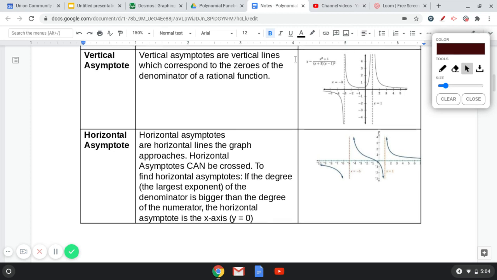So vertical asymptotes deal with the zeros of the denominator. Horizontal asymptotes deal with the degrees of the numerator and the denominator. And vertical asymptotes will never be crossed. Horizontal asymptotes can be crossed because all we're really looking for is a value that the function approaches as x grows to infinity or as x grows to negative infinity.